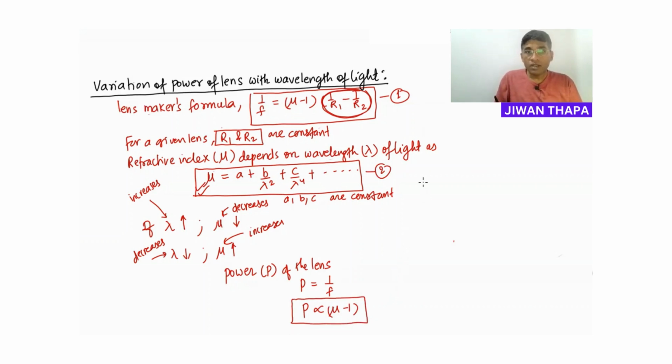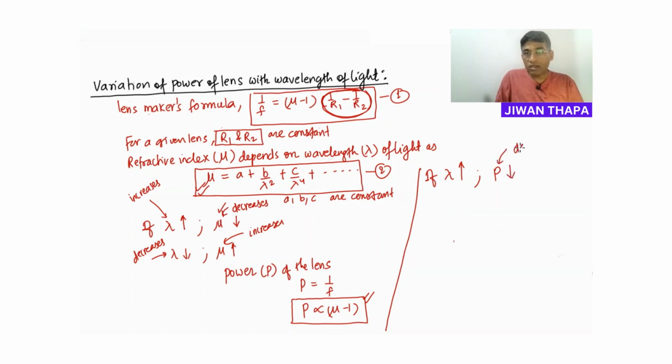Now looking into this expression, if wavelength increases, then refractive index decreases, then power decreases.